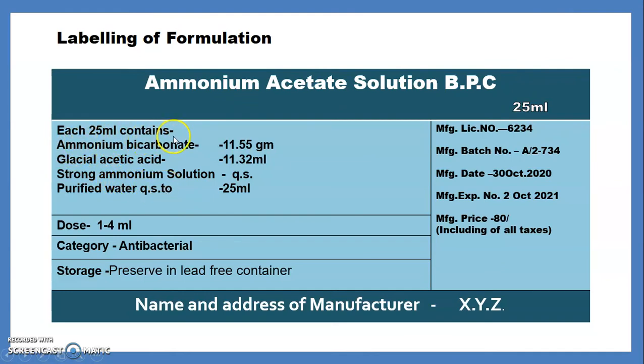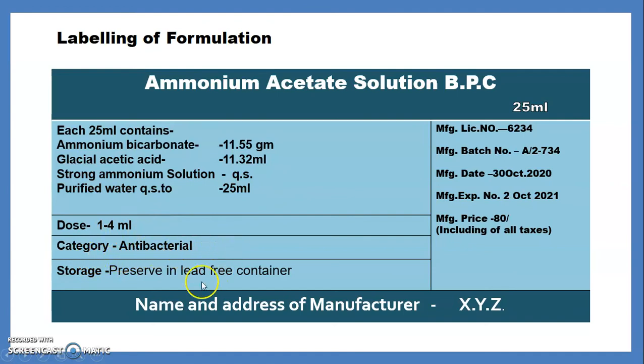Each 25 ml, or we can write each 1 ml also. Here we write each 25 ml contains ammonium bicarbonate 11.55 gram, glacial acetic acid 11.32 ml. Then strong ammonia solution, which is used for the pH making, is quantity sufficient, and purified water to 25 ml. Dose of our preparation is 1 to 4 ml.